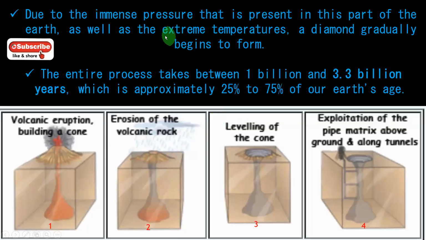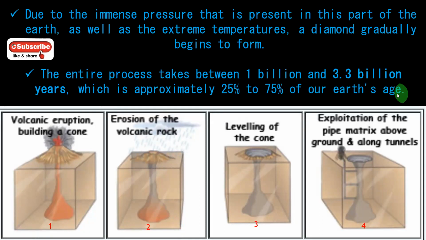Now, we can see here, due to the immense pressure that is present in this part of the earth, as well as the extreme temperature inside the earth, a diamond gradually begins to form. The entire process takes between 1 billion and 3.3 billion years, which is approximately 25% to 75% of our Earth's age.